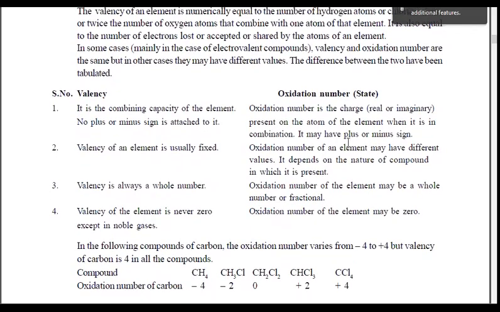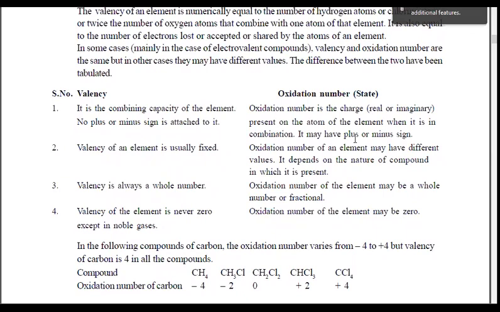Okay, everyone. So I hope all of you understood the basic difference between valency and oxidation number. Valency is the number of electrons which an atom can give or take. It is the combining capacity. It doesn't have any sign, positive or negative.